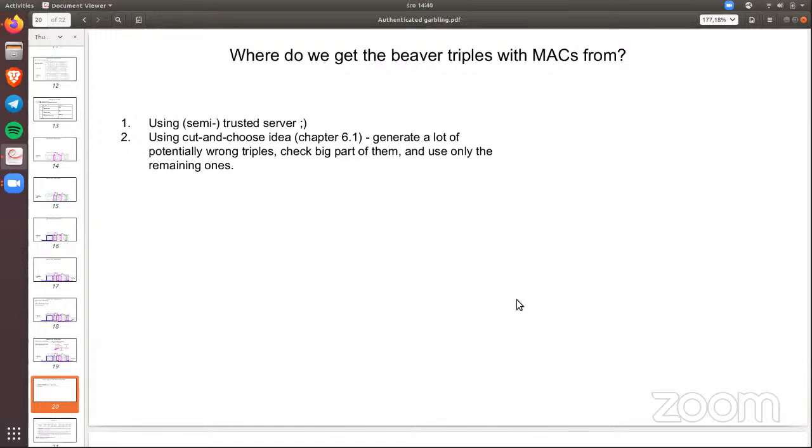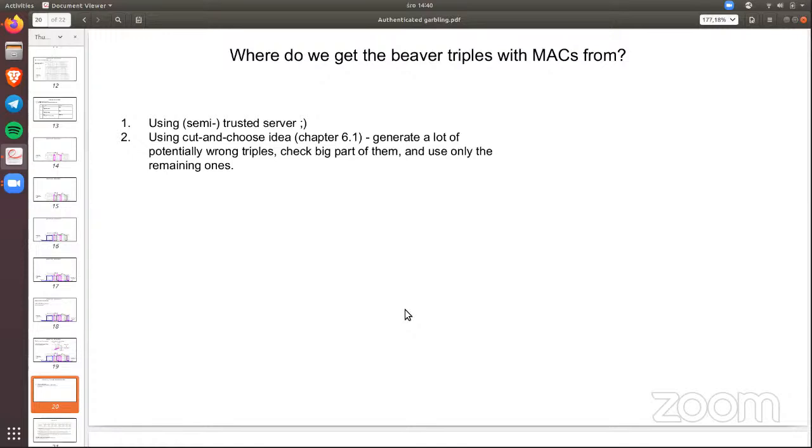The other idea is the cut and choose I mentioned at the beginning, which is the chapter we unfortunately missed. The very rough idea of this cut and choose is to generate a lot of triples using a protocol which assumes honesty of both parties, and then check and reveal a big part of them and use only the remaining ones.